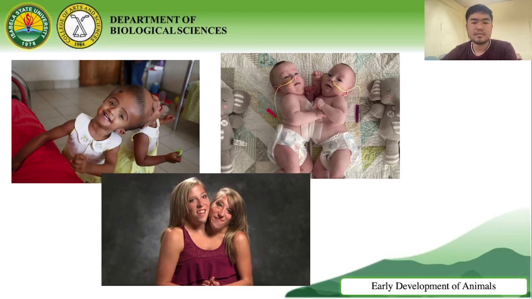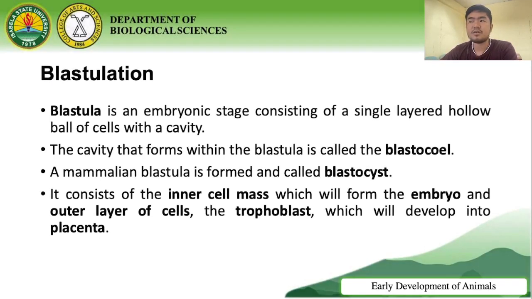As part of the discussion of cleavage, nagde-divide ang cells natin. So, we have the different stages of embryonic development, and after many divisions of the cells of the embryo, we will come to a point na makakakuha tayo ng hollow ball of cells with a cavity, or what we call the blastula, in the process of blastulation.